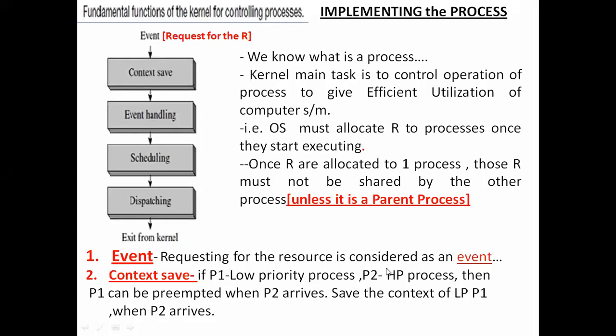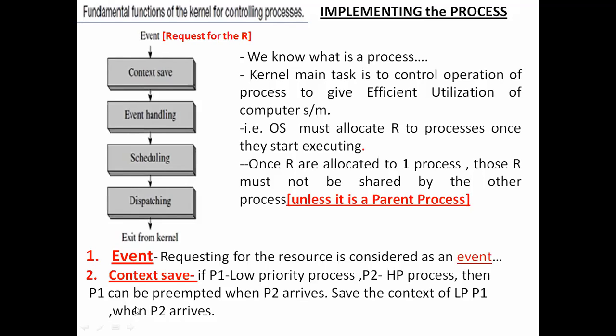Hence, the occurrence of a high priority process causes the low priority process to suspend or be preempted, and I'll be saving the context or information related to P1 on the stack. You save the context of P1 on the stack, and you execute the second, high priority process. After the execution of P2, the OS has to take care of the execution of P1 again.